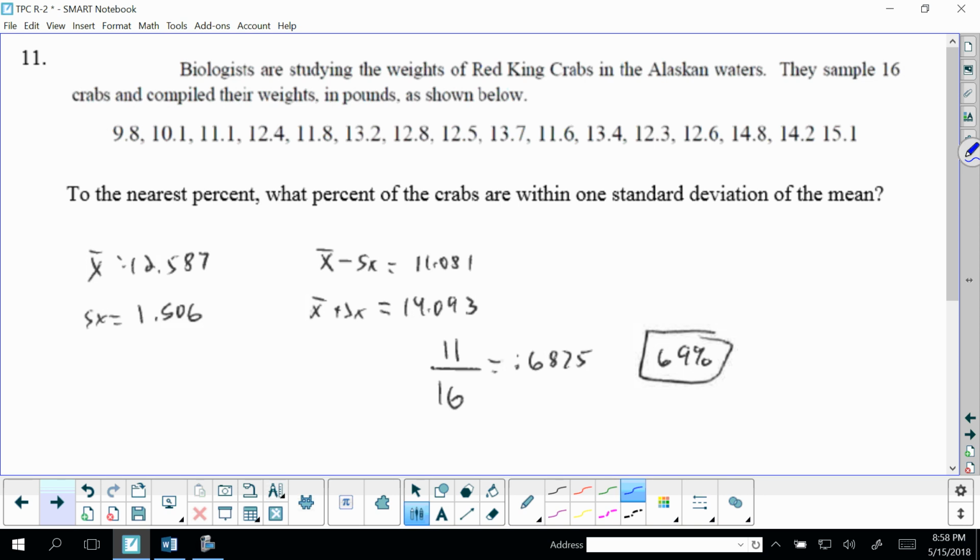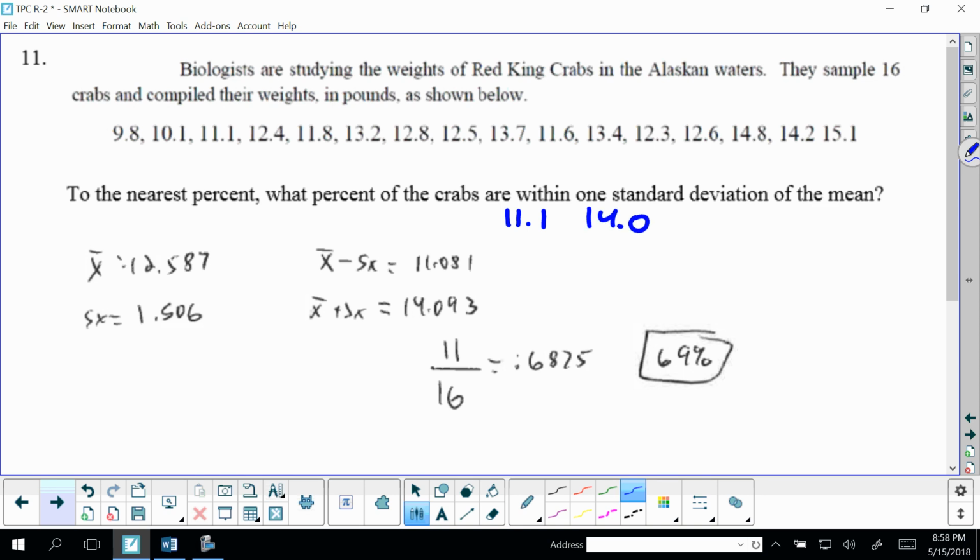The whole numbers that we would be between, 12 would be the first whole number. Or actually, I guess we're in tenths. So we should talk about it in terms of tenths. So the first tenths would be 11.1, and the last tenths would be the 14.0.